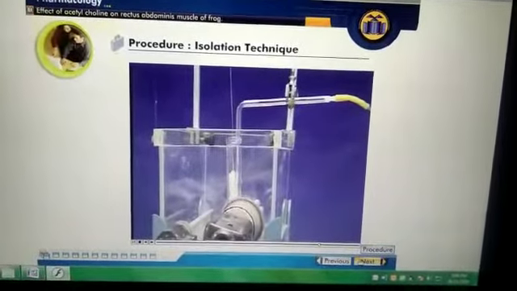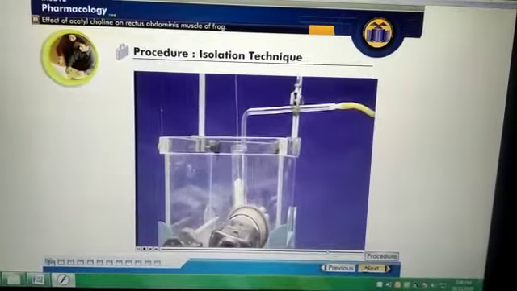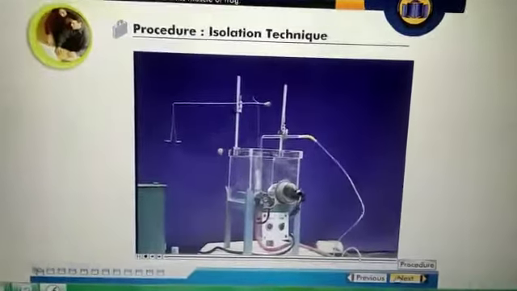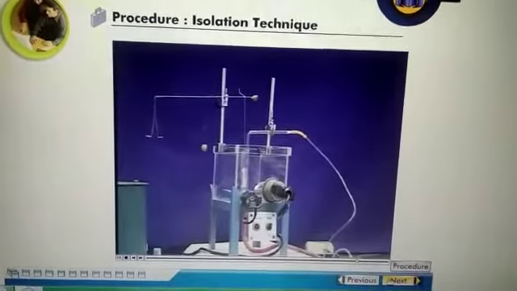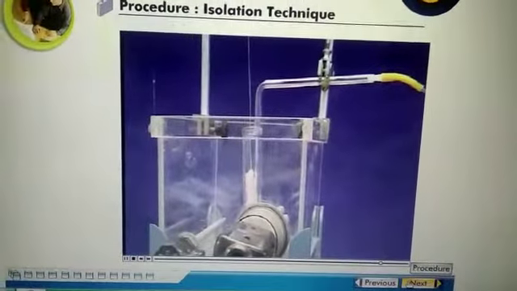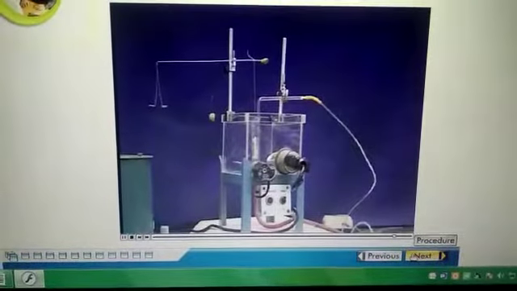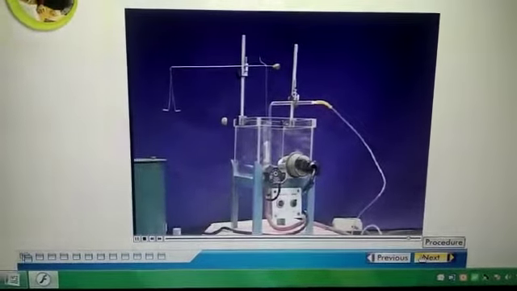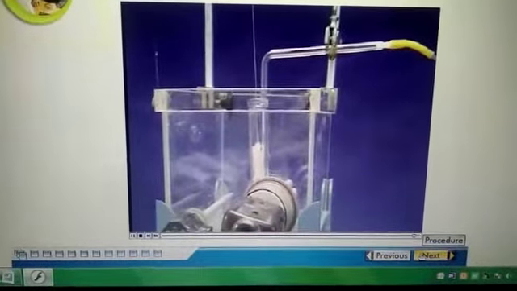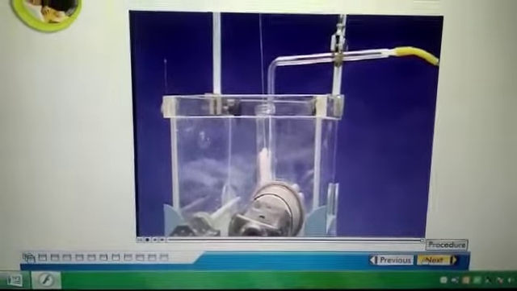Now relax the tissue or muscle for about 45 minutes, during which wash this preparation with fresh quantity of ringer for at least 3 times. Now, this preparation is ready for experimentation.